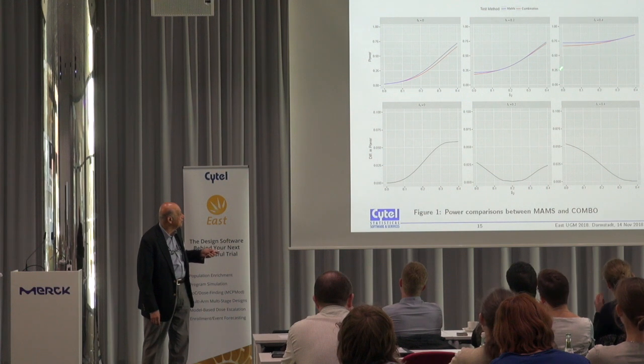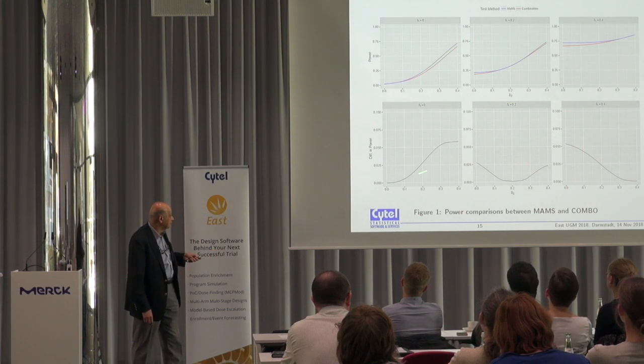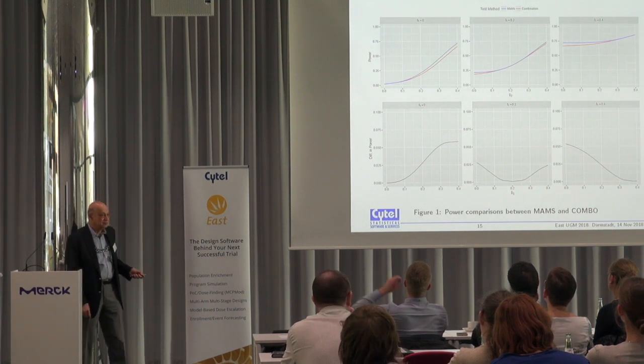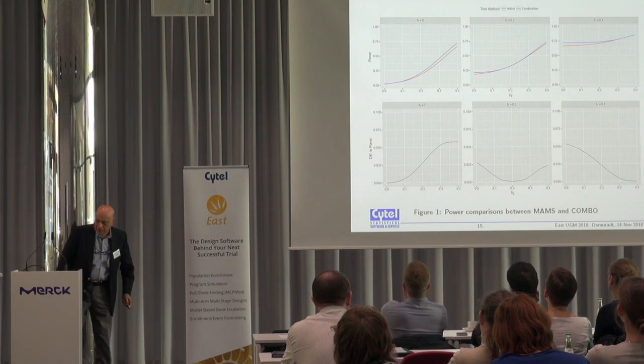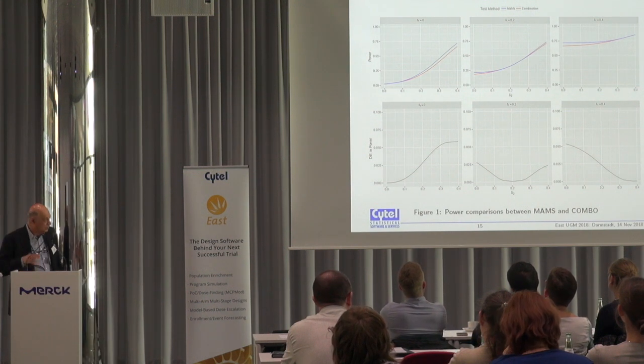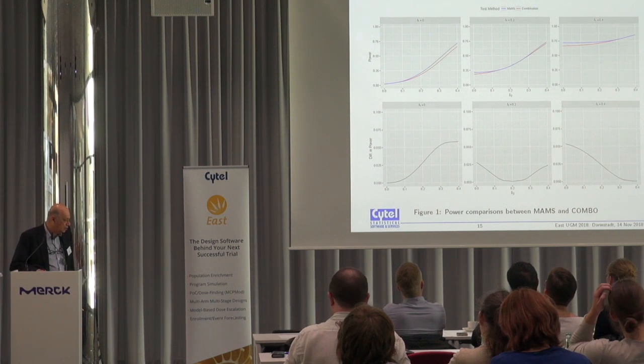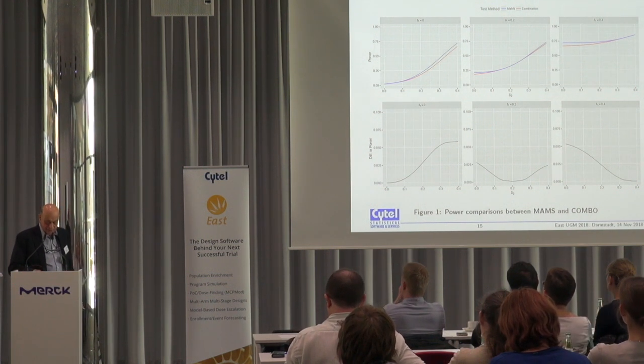And similarly over here, when delta 1 is 0.4 and delta 2 is 0, there's about a 5% difference in power. The bottom plot is the difference in power, about 5%. And when the two deltas are the same, there's no difference in power. They're almost the same.